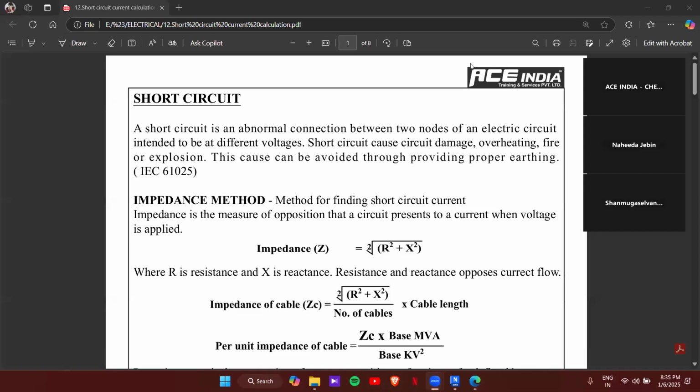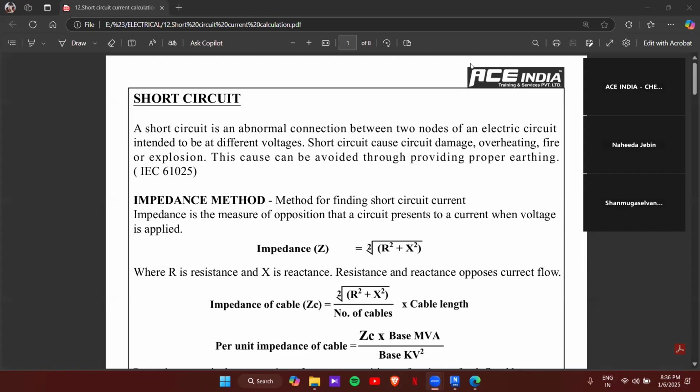In order to find out the short circuit current, we use a method called the impedance method. Impedance is the sum of the opposition, or the resistance, in a system. Whenever current is flowing through a conductor, there will be some opposing factors.